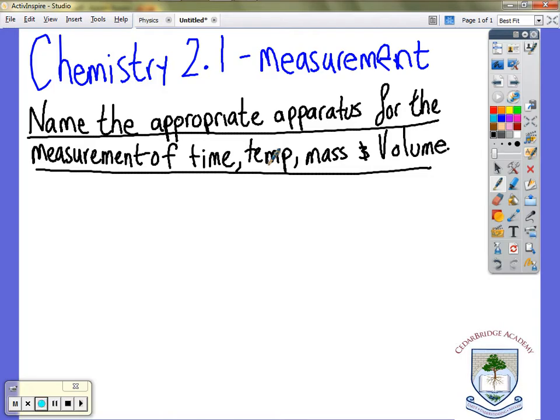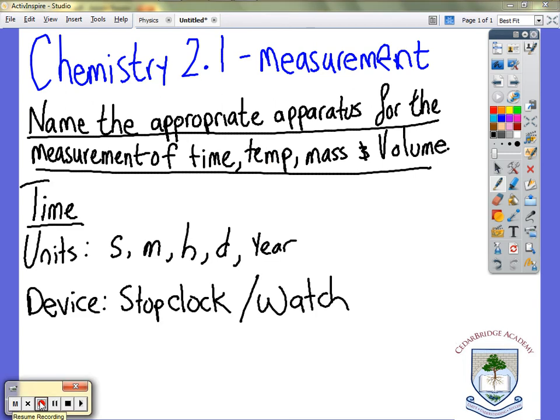And now we talk about what we're going to use. So to measure time, for those of you that have done physics 1.1, we want to use a stop clock or watch, and our units are seconds, minutes, hours, days, and years.